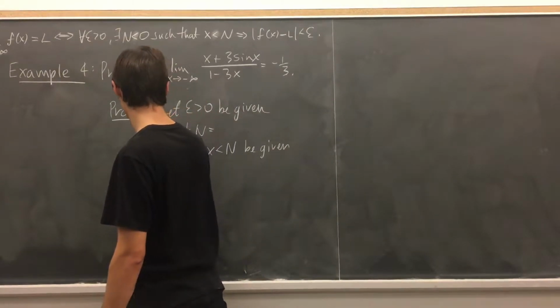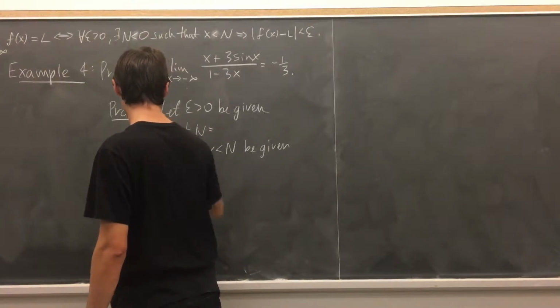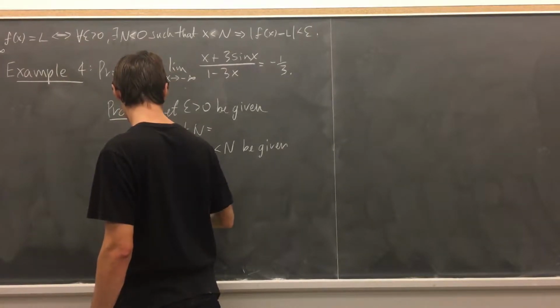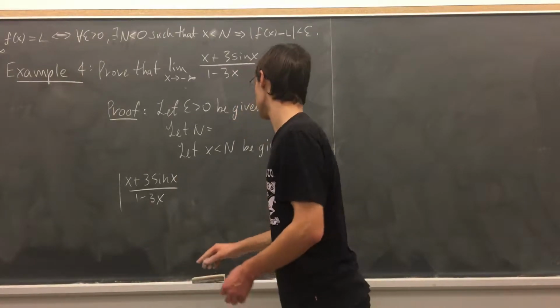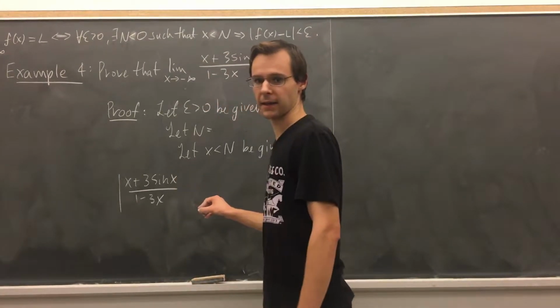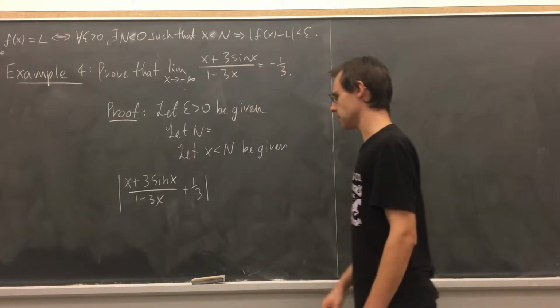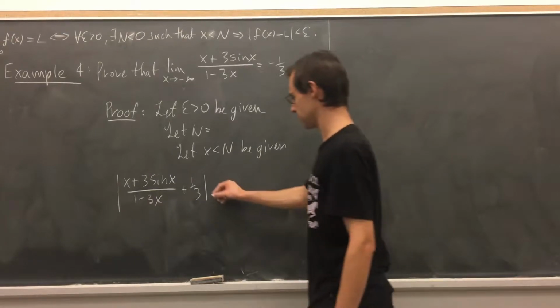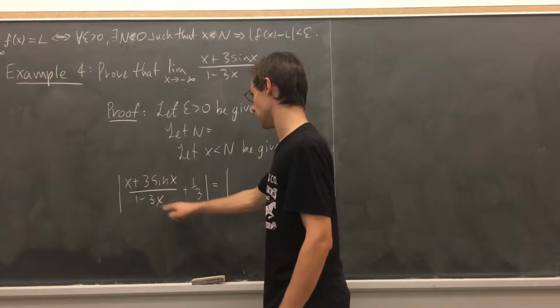So we start with (x + 3 sin x)/(1 - 3x). Oops, I forgot to subtract the limit. Minus negative a third, so that's plus a third. We want to bound that above by epsilon. So let's start with the algebra, what we usually start with. 3 multiplies up there.